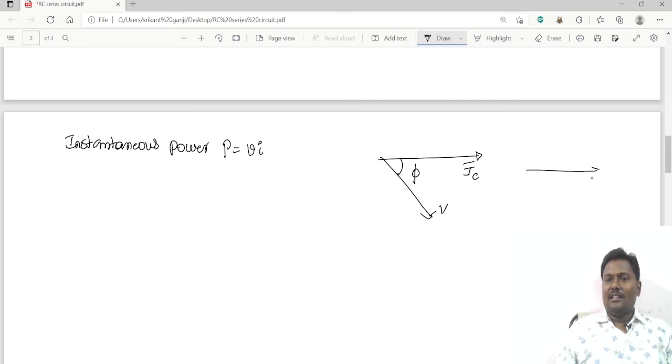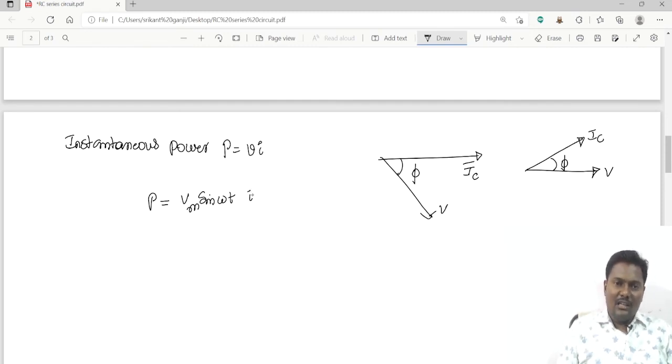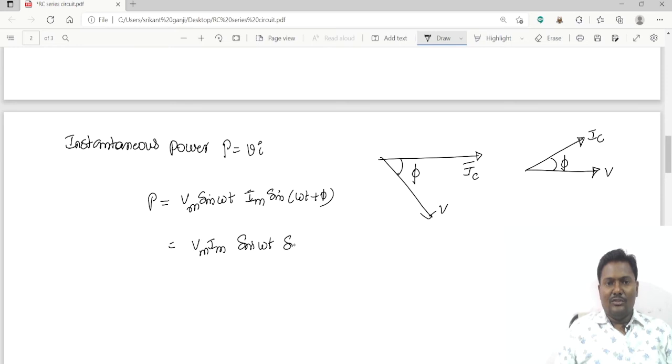If I take the voltage as reference, the current is leading at an angle of phi. So V is equal to Vm sin omega t, because we are giving the supply as Vm sin omega t. Now I is equal to Im sin of omega t plus phi, so power is Vm into Im sin omega t into sin of omega t plus phi.